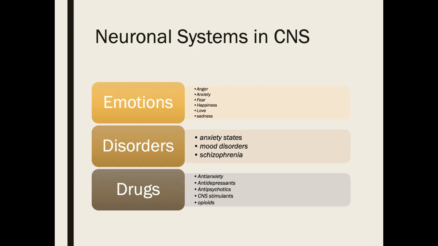And we can give medications to manage these. We can give anti-anxiety medications, we can give antidepressants, antipsychotic medications, and opioids. We talked about the perception of pain, so we can give opioid medications to affect your central nervous system to affect your perception of pain.